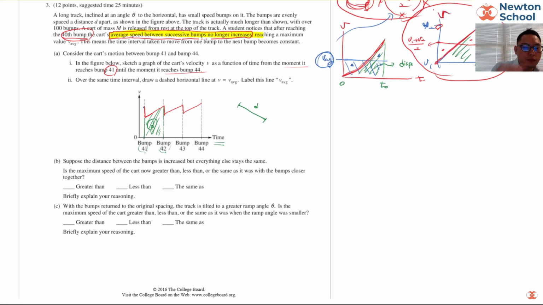And v average will be somewhere here, right in the middle. That way, the area of this green equals the area of this blue. Then you can say this is v average.